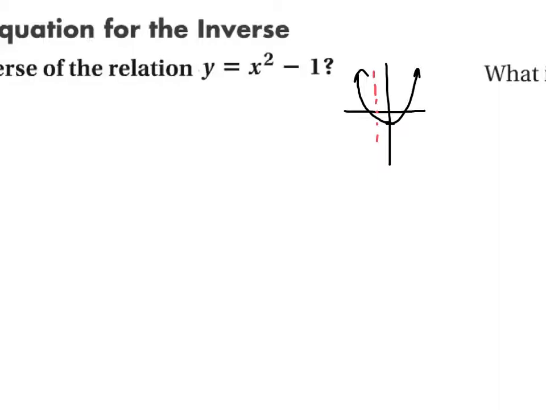Another way that you could think about this is simply by looking at the equation. If I take a number, pick a number, you don't all have to pick 5. Pick anything you want in your head, square it, subtract 1 from it. How many answers did you get? 1.